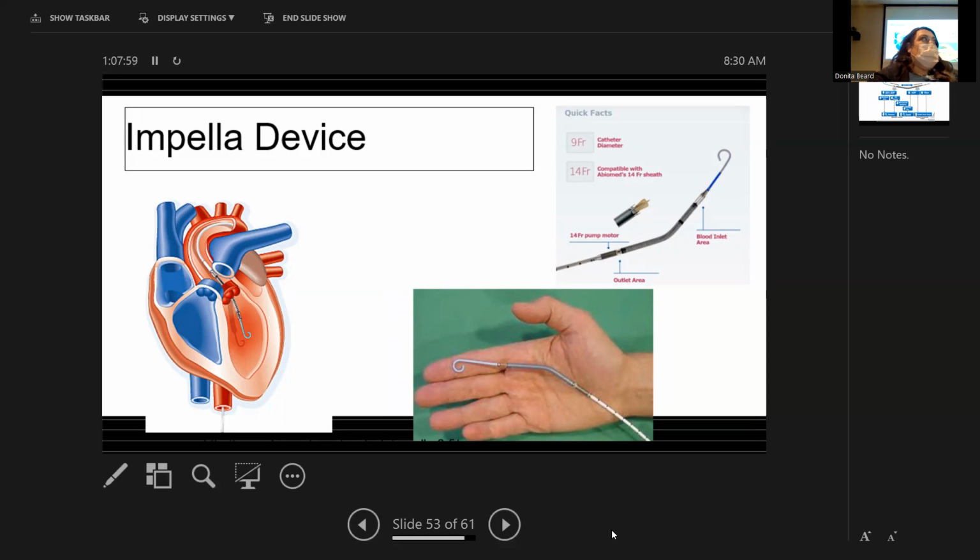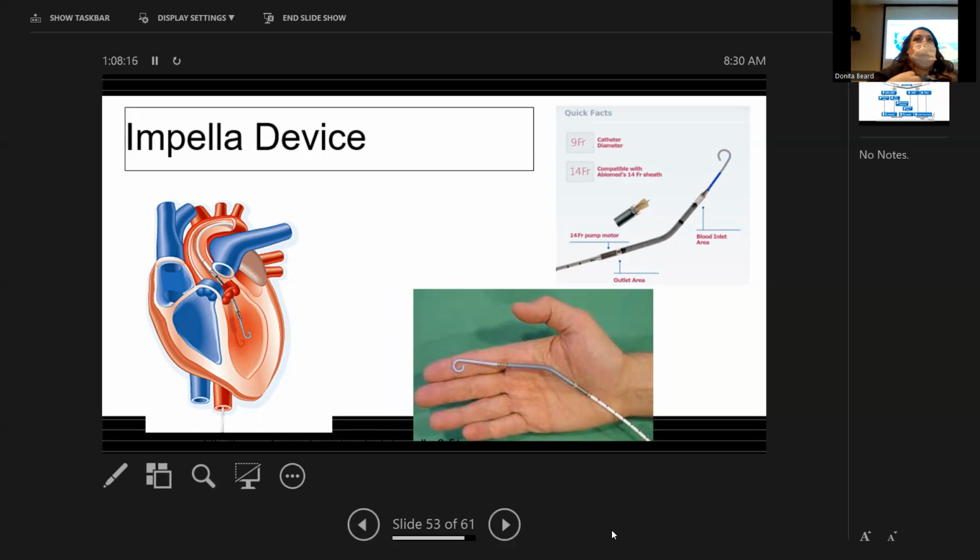The most common cause of right-sided heart failure is left-sided heart failure. But sometimes left-sided heart failure will mask right-sided heart failure. So I'm always very obsessed with knowing what the CVP is after I put a pump in.